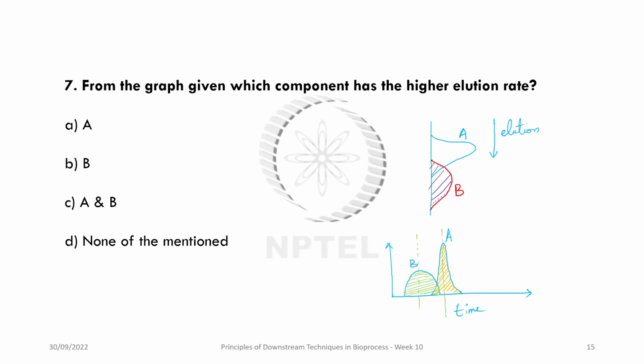Of course, B is getting eluted at a higher rate. That's why it's coming out first, right? B is getting eluted faster. Yes or no?